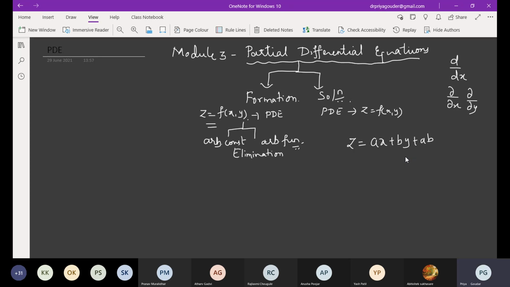Now suppose for this equation, if 2 is being added, 2 is called a fixed constant. So the difference between arbitrary and fixed constant is: a may be 2, a may be 3, a may be 0, a may be minus 2. The value of this a is not fixed. It may be 100, it may be 1000. It may change.